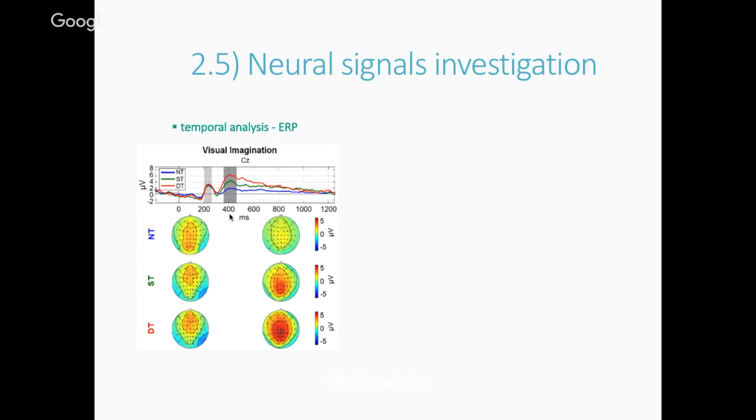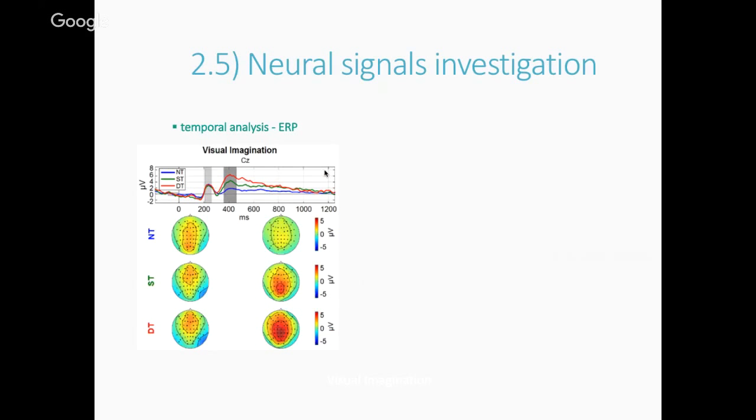And this is observed also in the spatial activity, where we can also see a higher activity in the centroparietal area related to a more complex task. And this discrimination is taken further for classification.